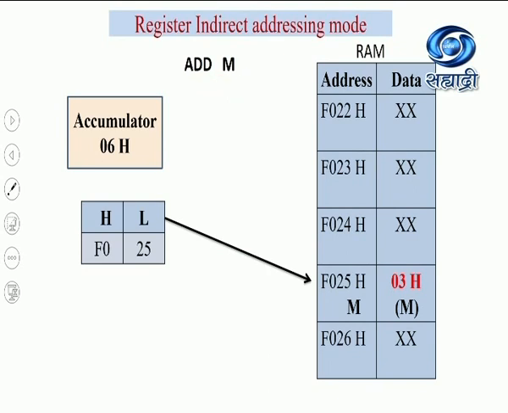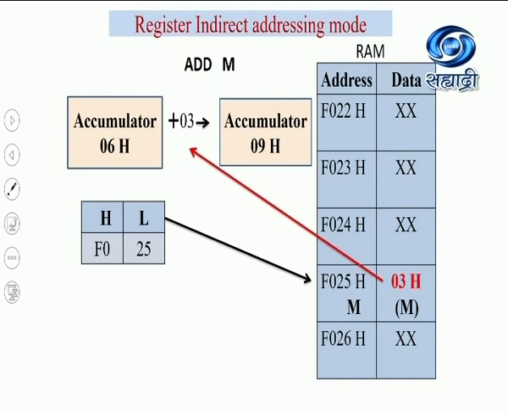So ADD M will add the data in the memory location with the data in the accumulator. So 06 plus 03, and the result is 09, which is stored in the accumulator. So here HL is acting as a memory pointer. It points to a location in memory.